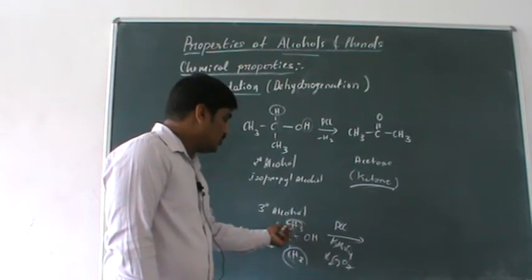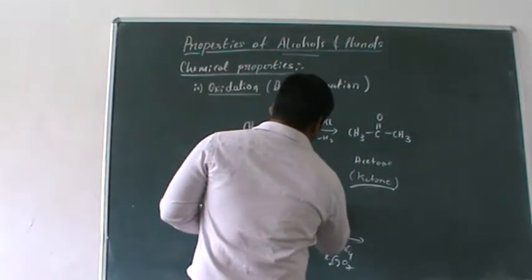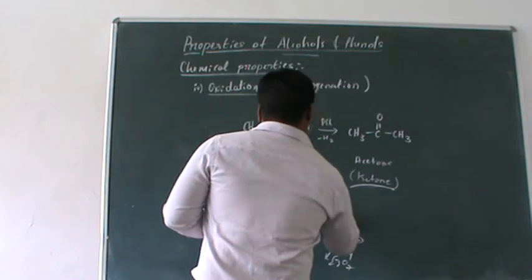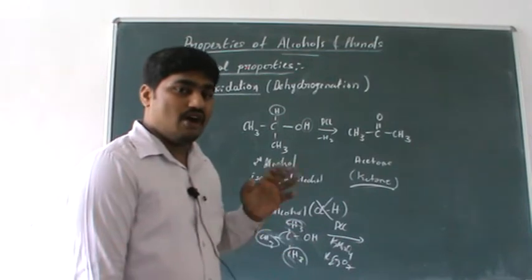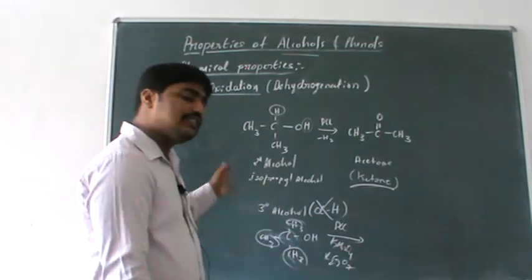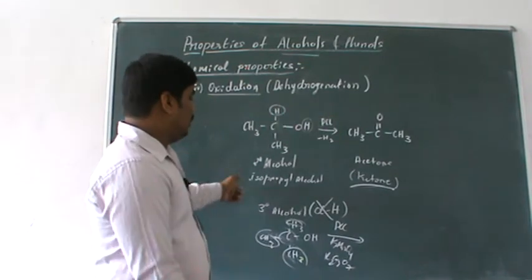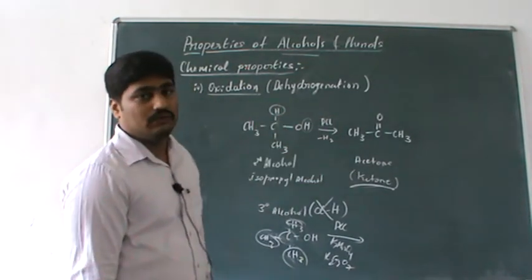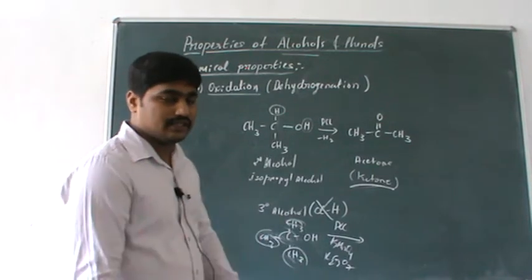The alpha carbon does not contain any hydrogen. There is an absence of alpha hydrogen. Because of that, oxidation is not observed. This is the important thing. Primary gives aldehyde, secondary gives ketone, tertiary does not produce aldehyde, ketone or carboxylic acid.